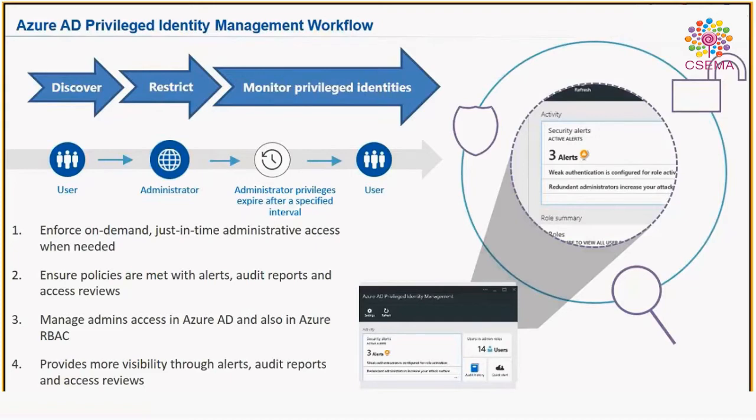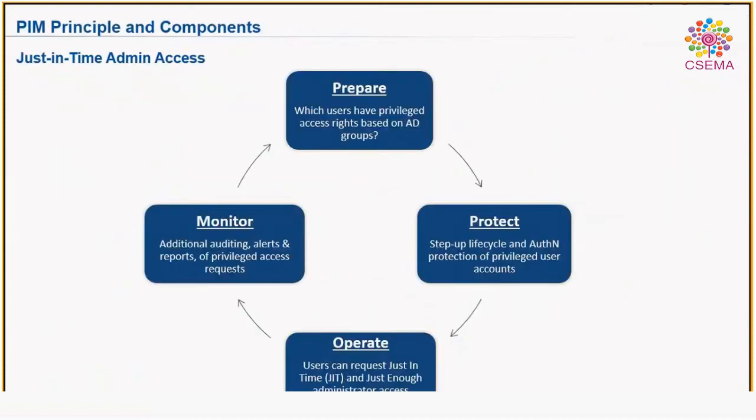So it is enforced on demand, just-in-time administration access, ensuring policies are met with alert and audit, managing admin access in Azure AD, also in Azure RBAC, and provides more visibility through alerts, audit reports, and access reviews, right? So the basic principle which PIM follows is just-in-time admin access.